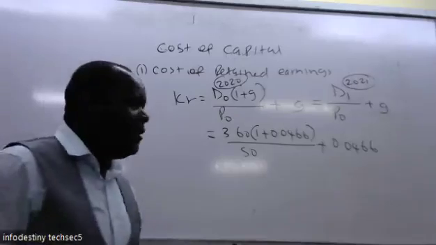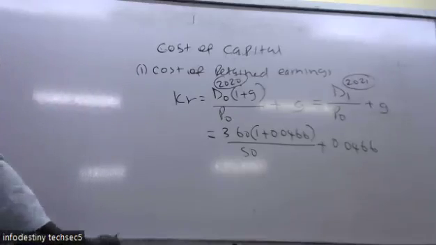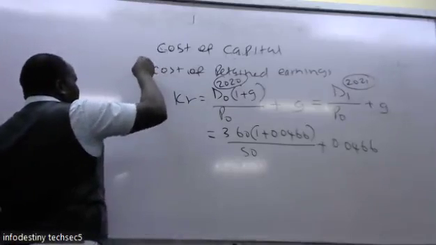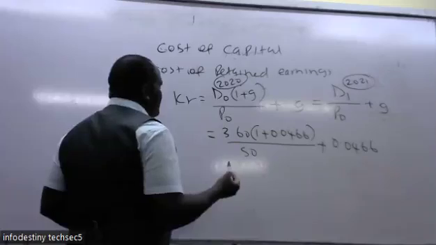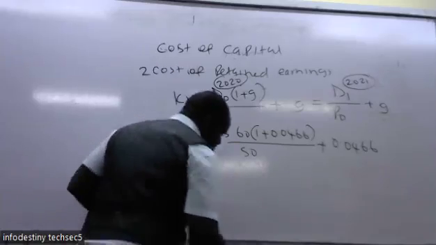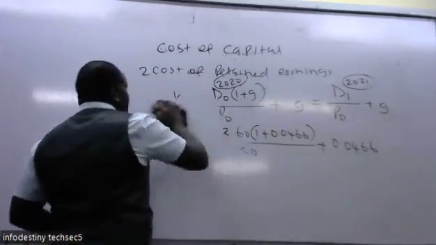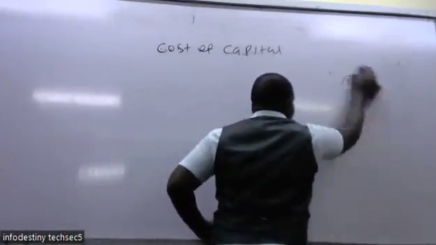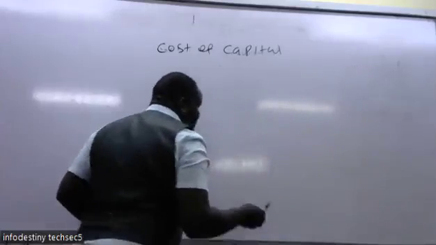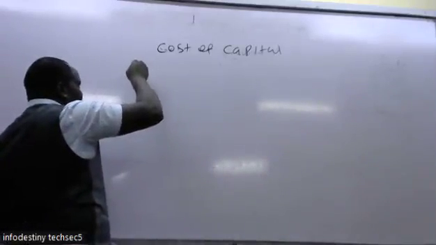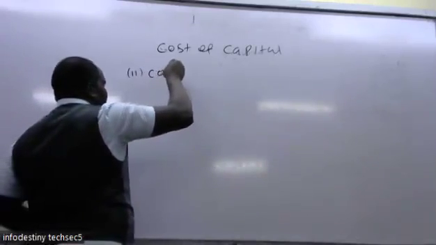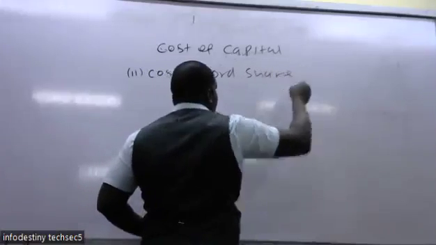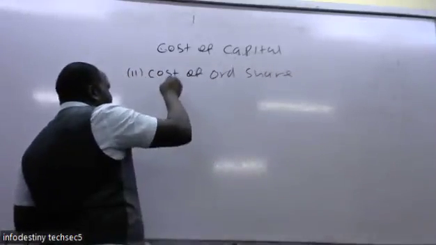So the next item, number 2, we shall calculate the cost of the ordinary share. So the cost of the ordinary share will also be given by KE.